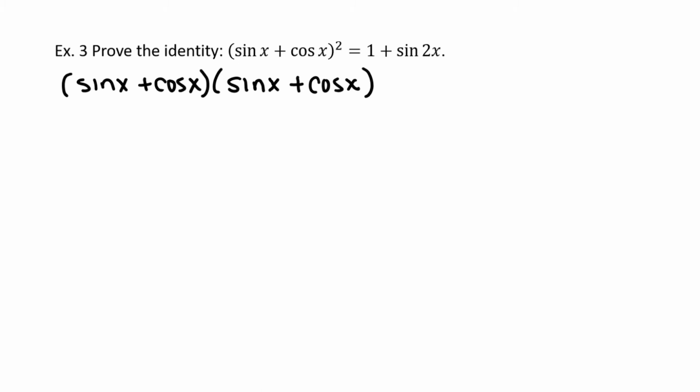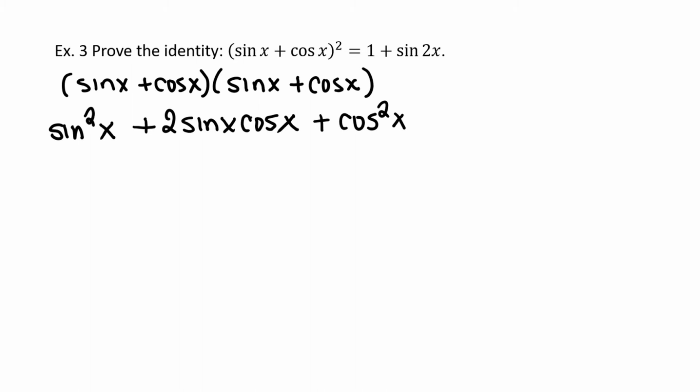I'll multiply the first terms together. So sine times sine gives me sine squared x. The inside terms and the outside terms are both sine x cosine x. So we have 2 of those, plus 2 sine x cosine x, and the product of the last terms is plus cosine squared x.